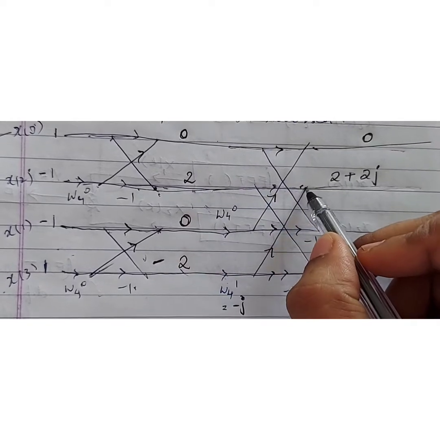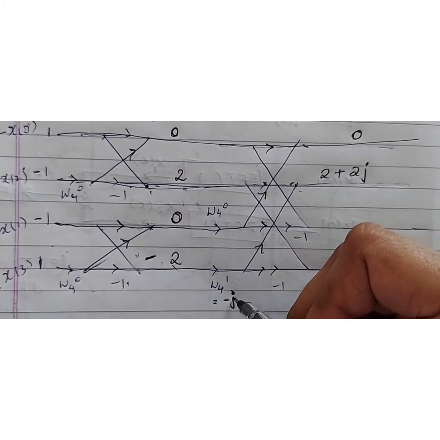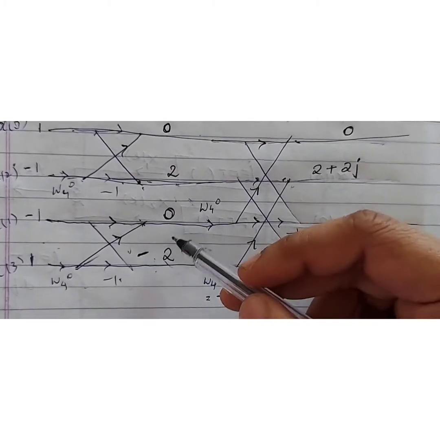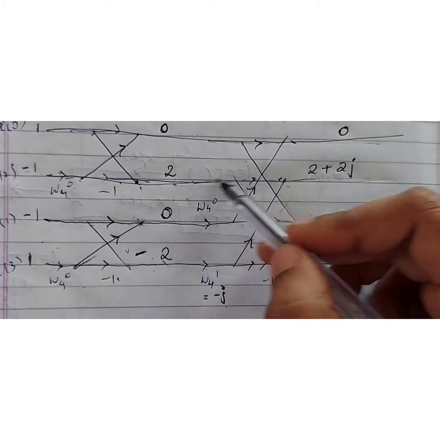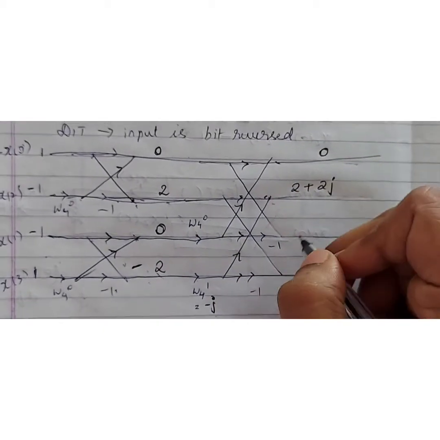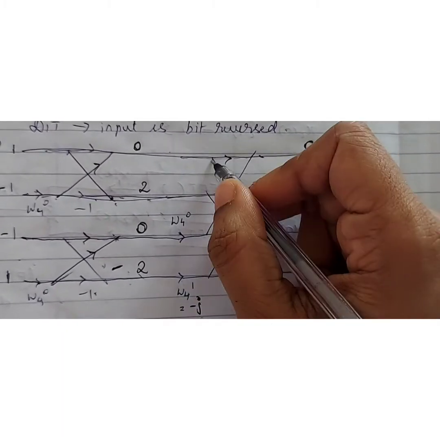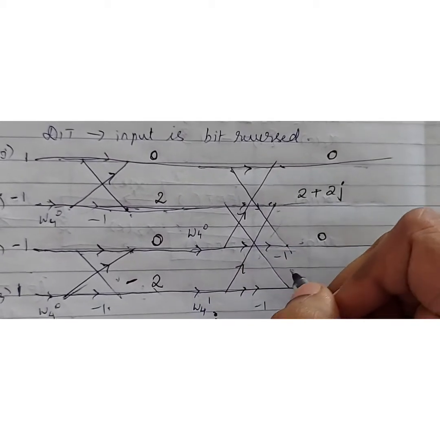See, this is 2 plus minus 2 into minus j is minus 2j, plus 2j, sorry, minus 2 into minus j is minus into minus plus. So plus 2j goes here, plus 2 comes here, 2 plus 2j. What comes at this point? Right, from this arrow you get the 0 here, plus 0, so this is 0.